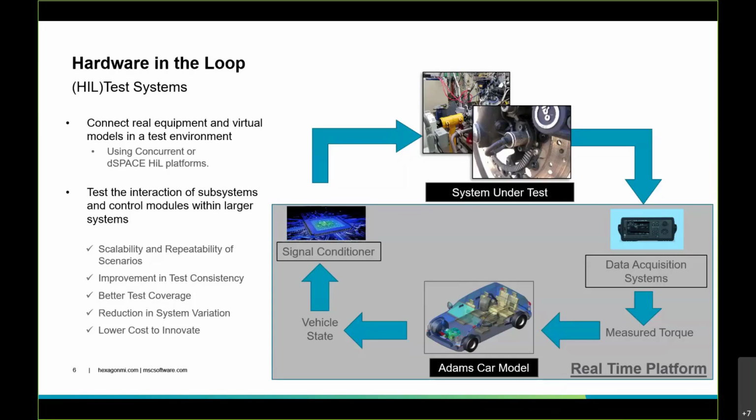And so it's beneficial to have a virtual representation of that vehicle that you can test your subsystem in the context of, so that you can vet the performance in a more realistic environment than just on a fixed test bench. And so that's where, with the Adams model and the higher fidelity result characteristics, we can offer a more accurate solution for the response of the vehicle to the subsystem and the vehicle states that we're passing back to that subsystem.